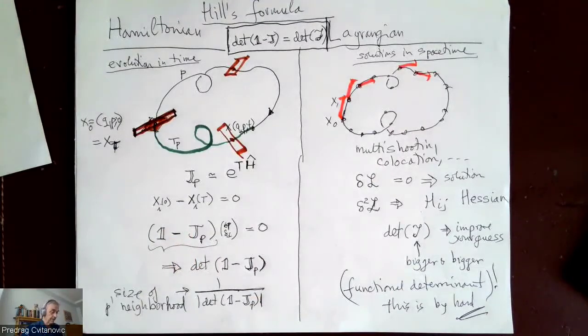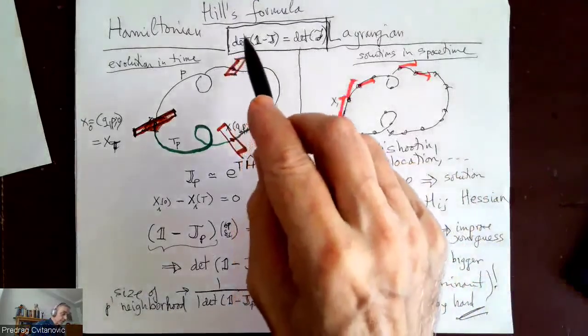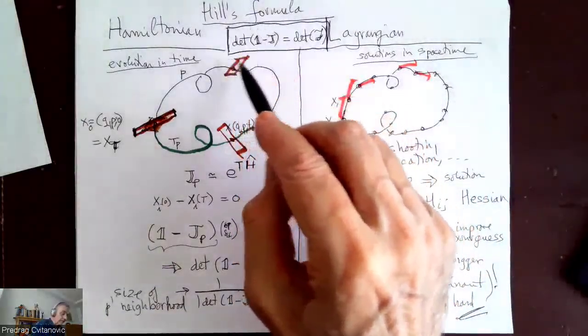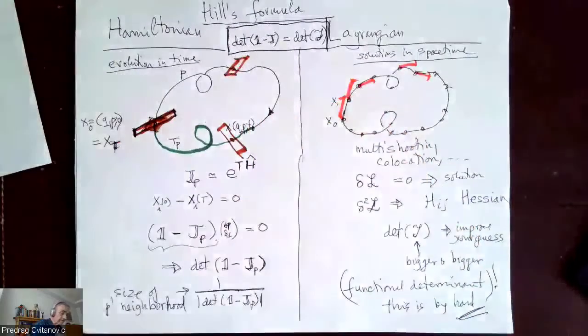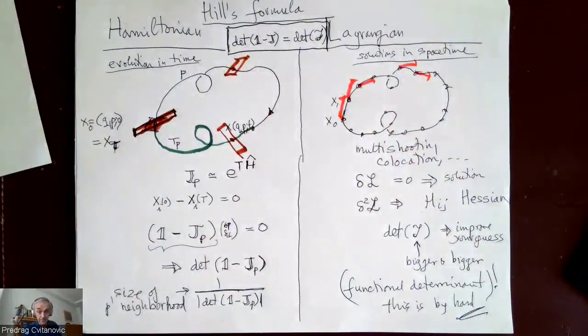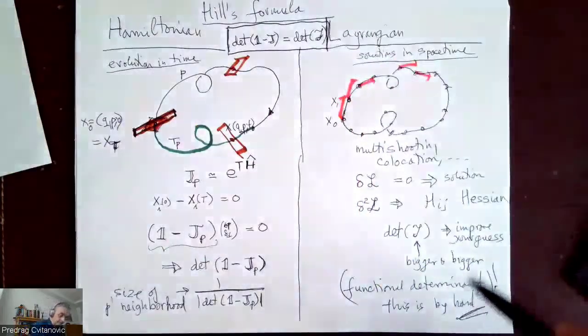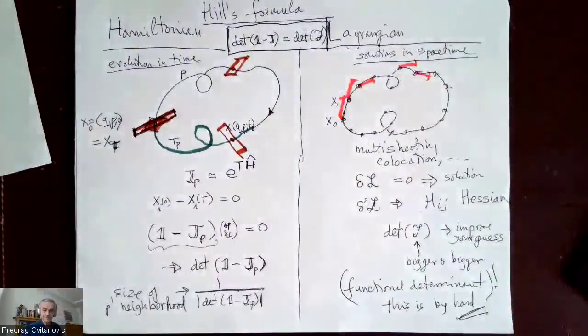So what he established is that the Hamiltonian forward in time determinant you compute here, which is the determinant of a small matrix, equals the determinant of this huge global matrix.